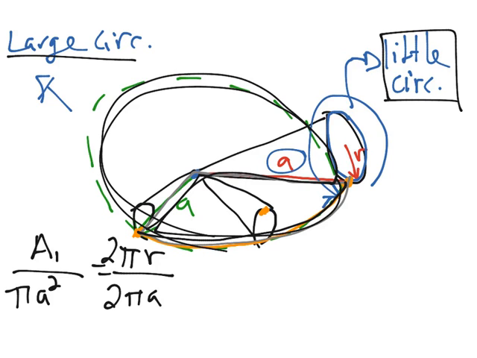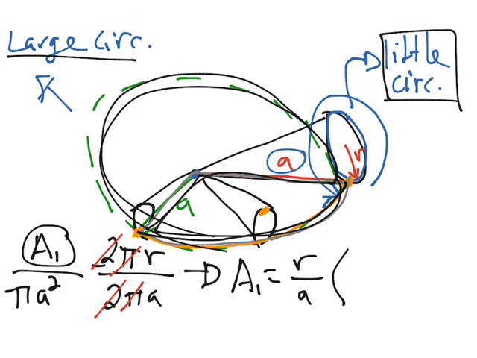Okay, so now we have this ratio, and we can calculate this A1. Actually, let's cancel a few things first. So 2 divided by 2 is 1. Pi divided by pi is 1, so we can just cancel those right out. And then we have A1 is equal to r divided by a times pi a squared.